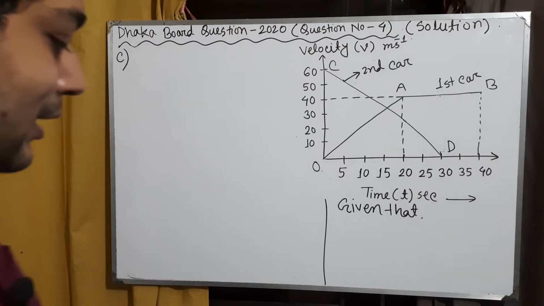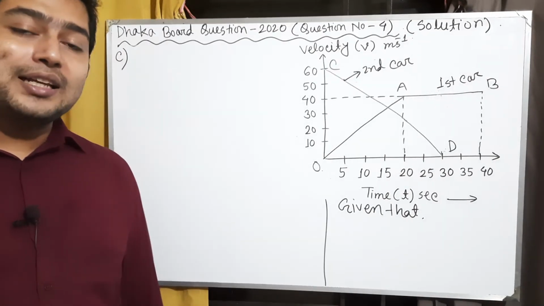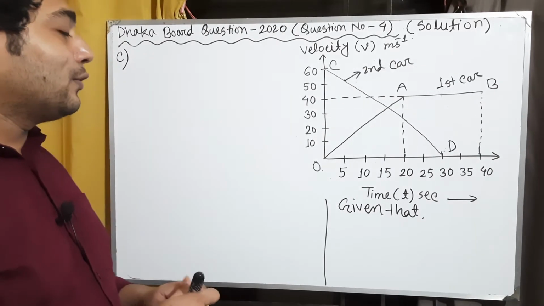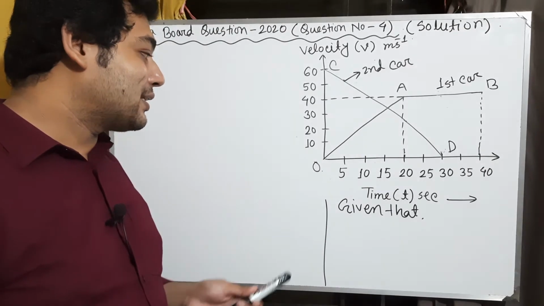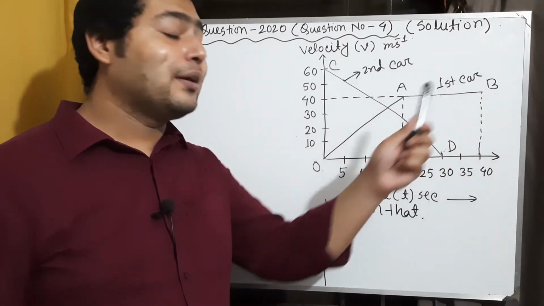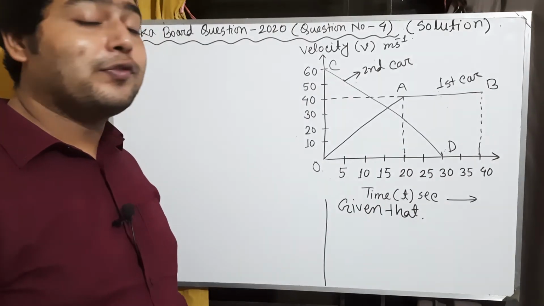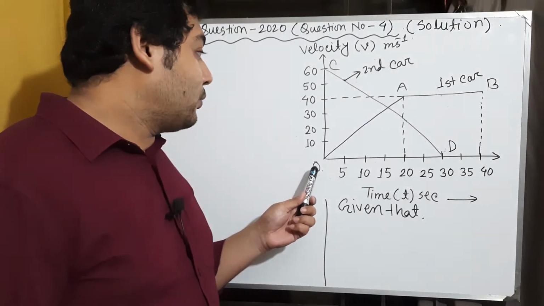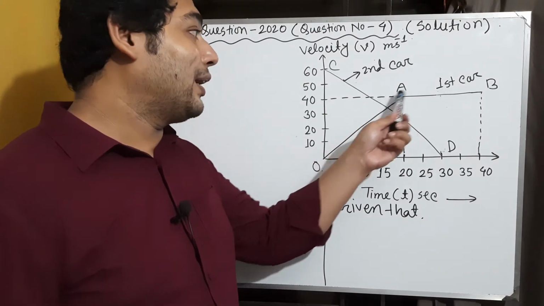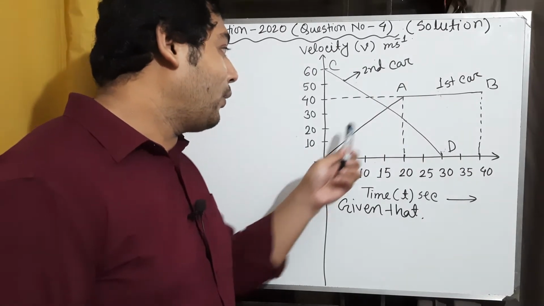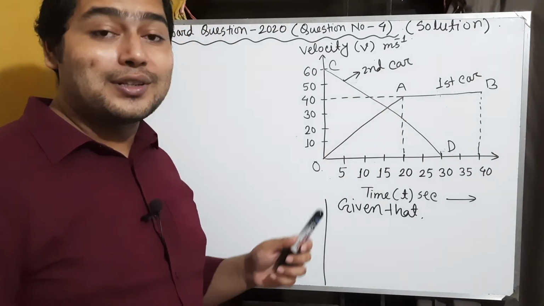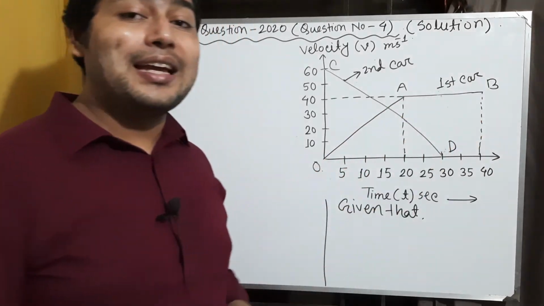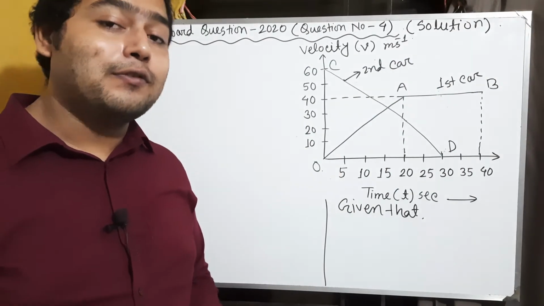So our question number C is, determine the acceleration of the first car. From the figure you see that the OAB path is for the first car. In the OA path this car travels with acceleration, and in the AB path it travels with uniform velocity.